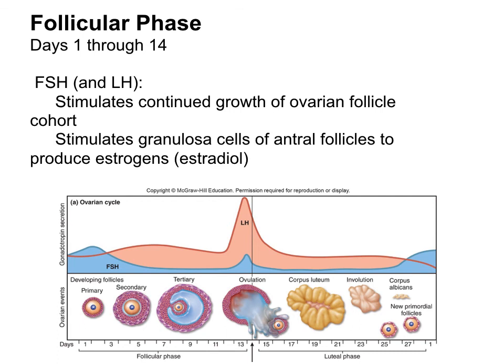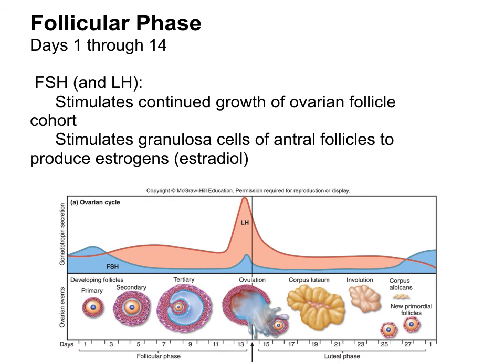So the follicular phase in an average 28-day cycle extends from day 1, which is the beginning of menstruation, through day 14, which is the day of ovulation. The cycle begins when the hypothalamus, on day 1, releases gonadotropin-releasing hormone, which travels down to the anterior lobe of your pituitary gland and stimulates your gonadotropic cells.